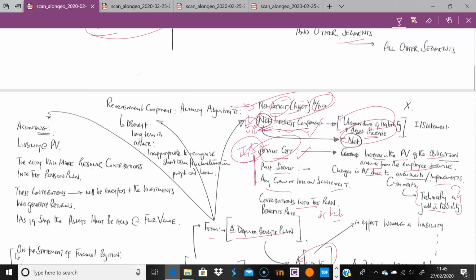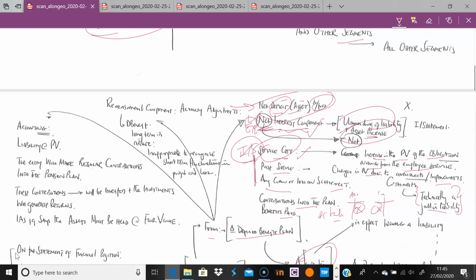So this is going into the assets, and so this is not coming onto the income statement. And when we pay out benefits, we are paying the benefits out of the assets and reducing the liabilities at the same time. So we see no effect on the income statement for these two.